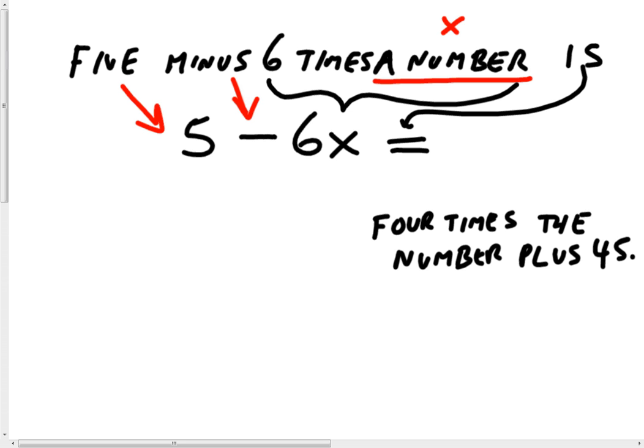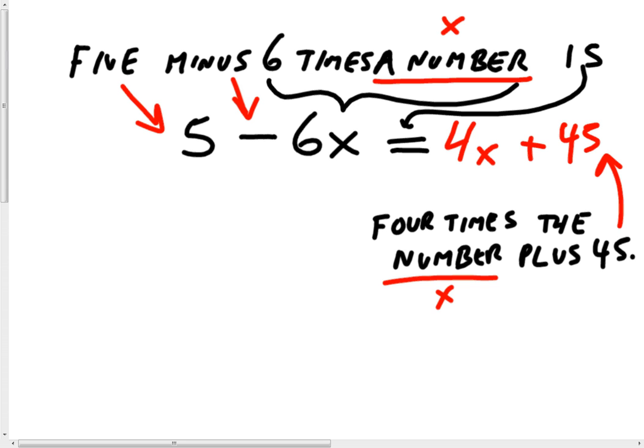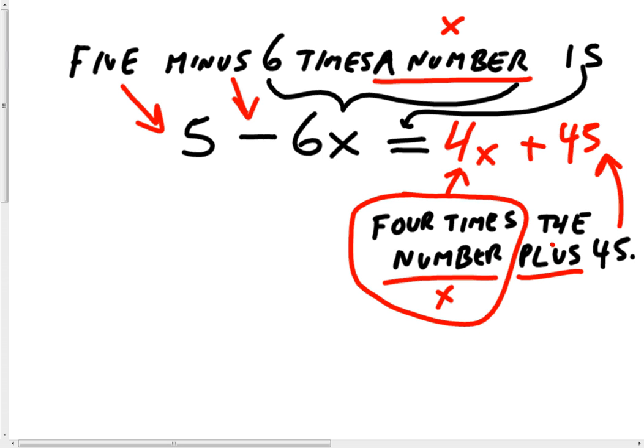What do I do when I see the number? That's an X. 4 times the number is 4x plus 45. So the 45 is there. 4 times the number's right there. Plus right there. Okay.